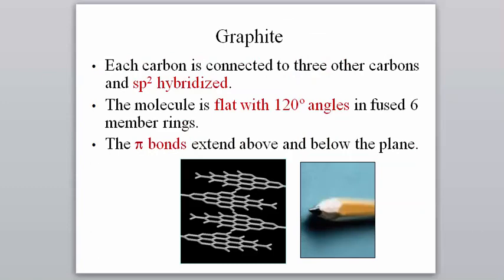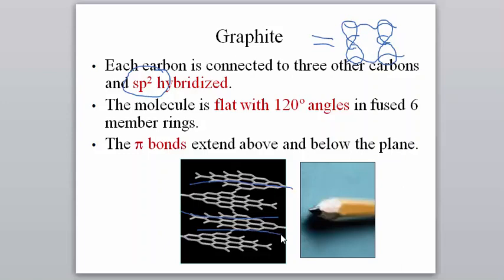Graphite, on the other hand, is carbons that are sp2 hybridized. And if you remember, with sp2 hybridization, you have a multiple bond, and that unhybridized p orbital exists above and below the plane of those carbon atoms, and that's where electrons are free to move between those planes, just like you see here.